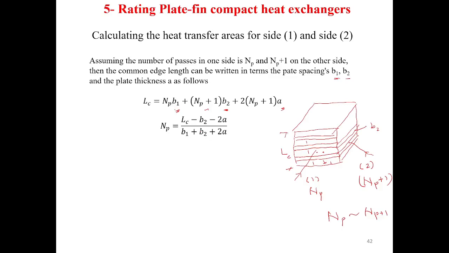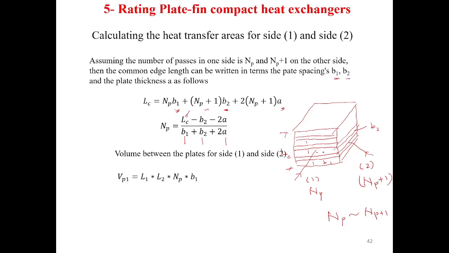So now if you would like to get the number of plates, once you know these parameters, the plate spacing for side 1, the plate spacing for gas 2, the thickness of the plate and the common edge, then you can get the number of plates that you have for that particular heat exchanger.